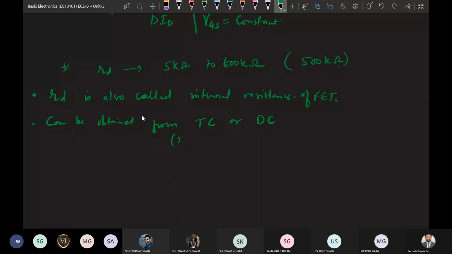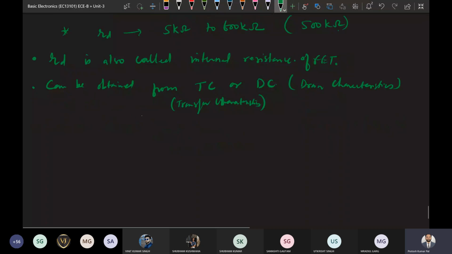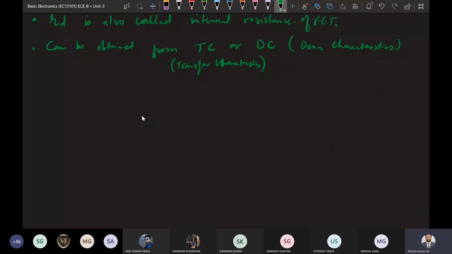So we will just see the drain characteristics. In case of FETs, we have seen the drain characteristics, where this is VDS and this is ID.